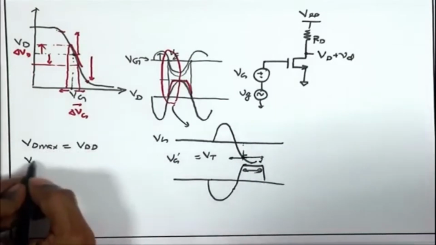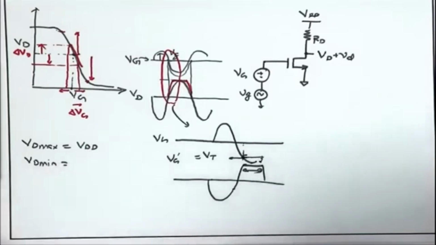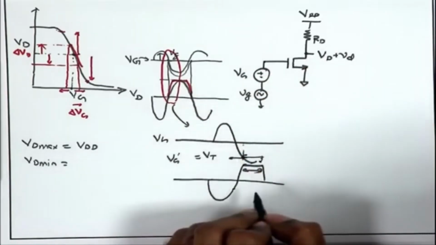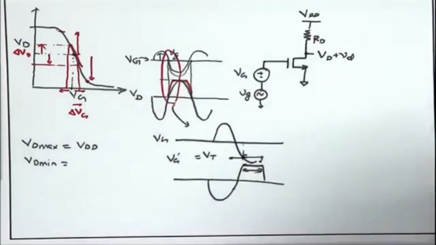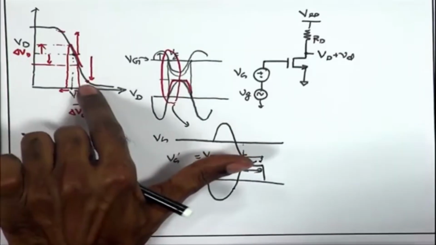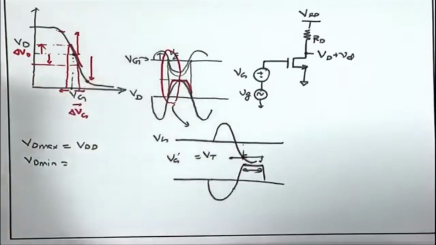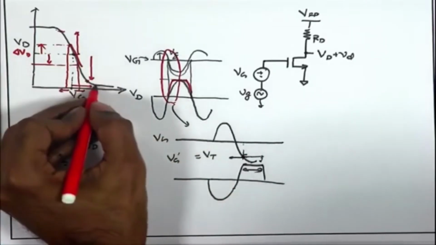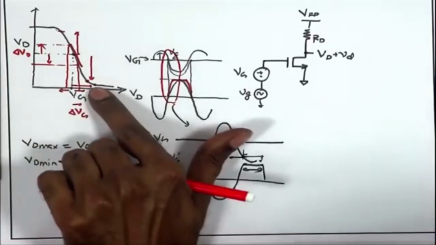What about Vd min? What is going to happen if I go on increasing the positive peak of the signal? If I increase the delta Vg further and go on to the positive side, ultimately the output voltage is going to be too low and it is going to be in triode region.